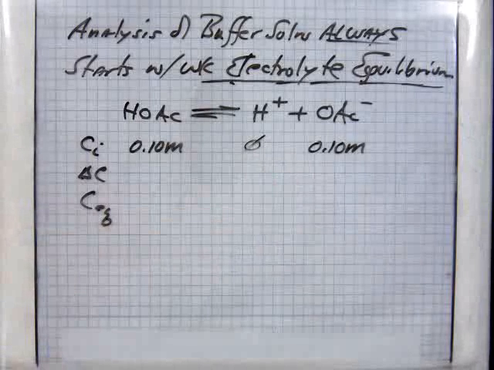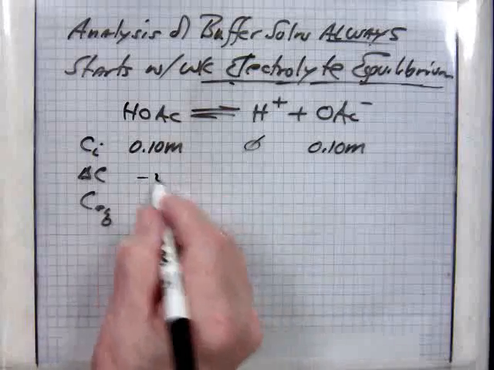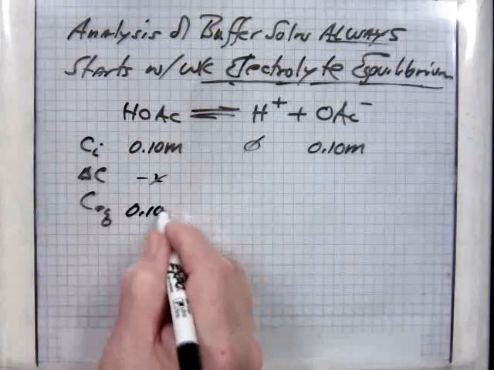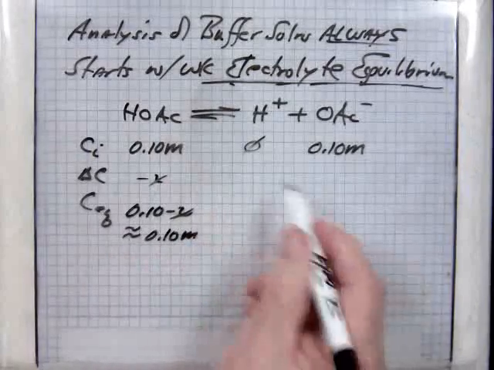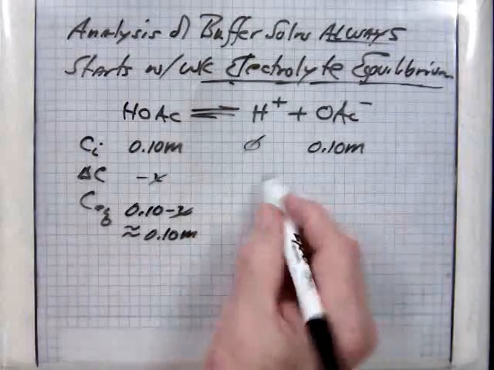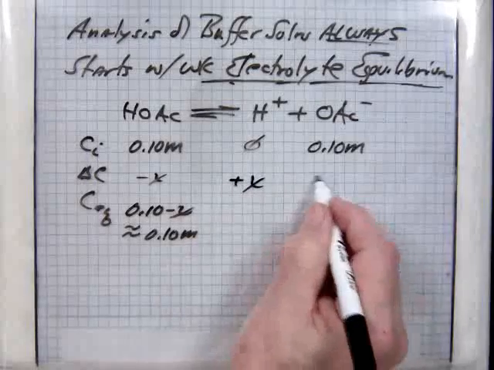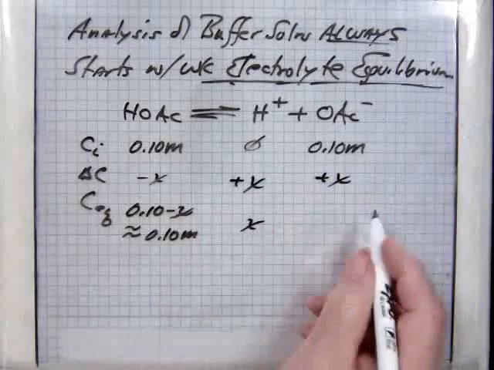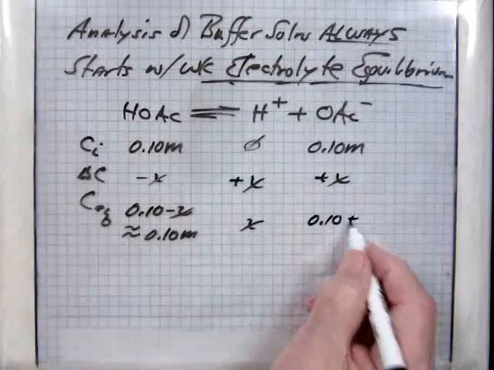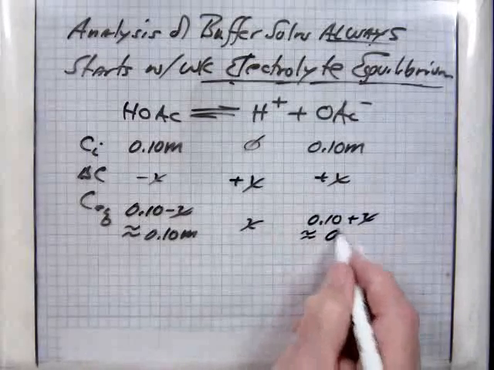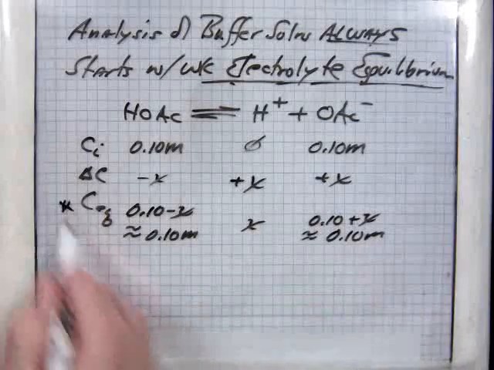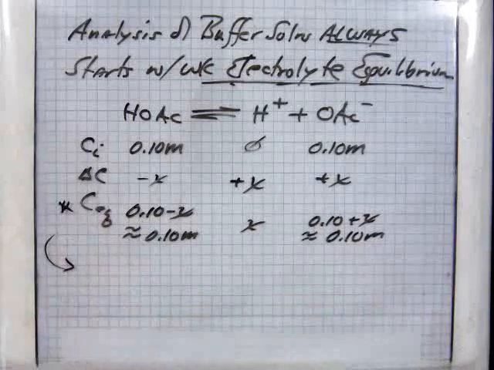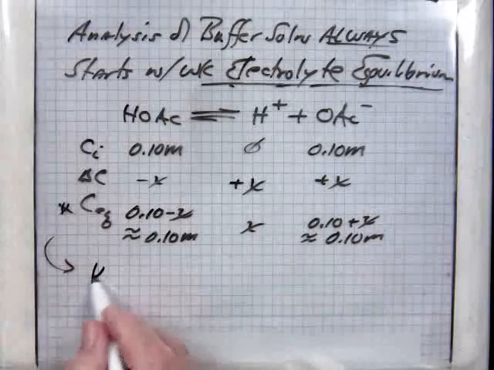It hadn't ionized yet. So the acid decreases by X, that's 0.10 minus X, and of course that is 0.10 molar here. And this one is plus X, that'll give you X, and 0.10 plus X, and that is 0.10 molar at equilibrium. Of course, it's the equilibrium row that we want to plug into the Ka expression.